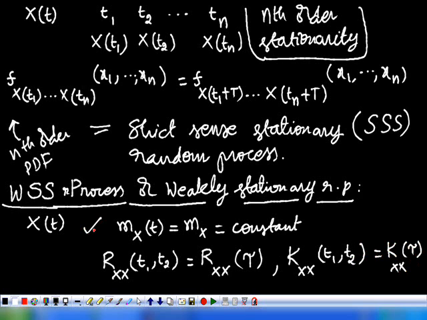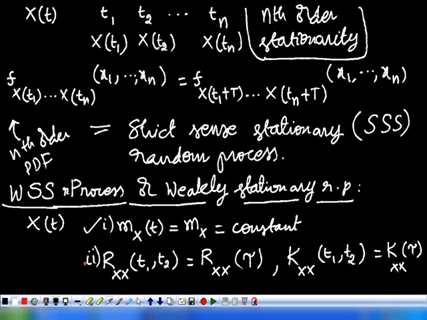The mean value of the random process is constant. It is not depending on the time. This is one condition. The second condition is that the autocorrelation and autocovariance functions are functions of the time lag between t1 and t2, not depending on the time.